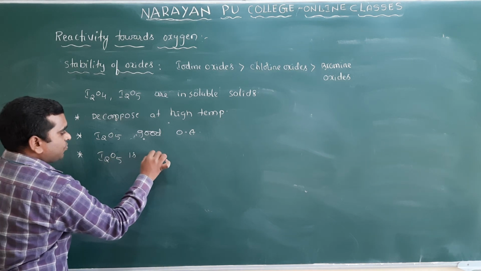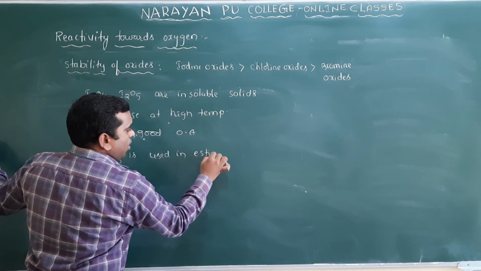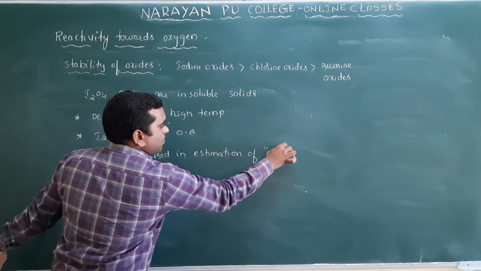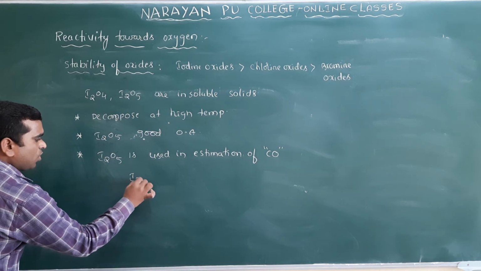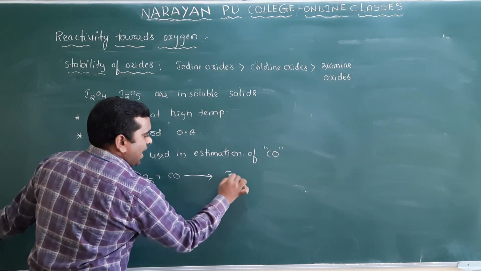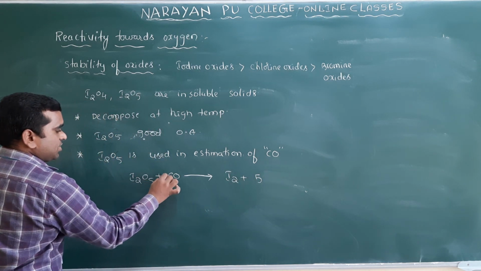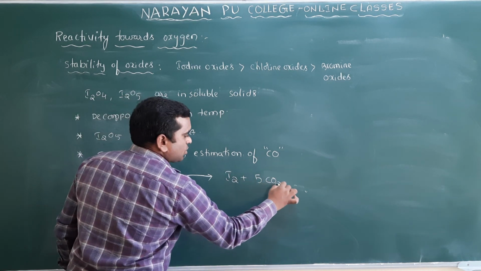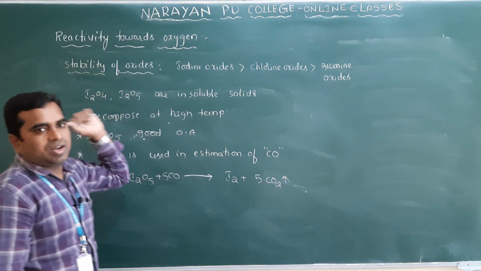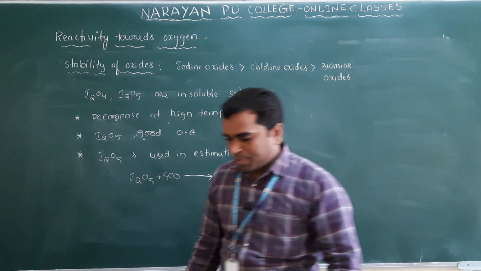I2O5 is used in estimation of carbon monoxide. How to test: I2O5 reacts with carbon monoxide and gives iodine and 5 moles of carbon dioxide. So this is about oxides of 17th group elements.